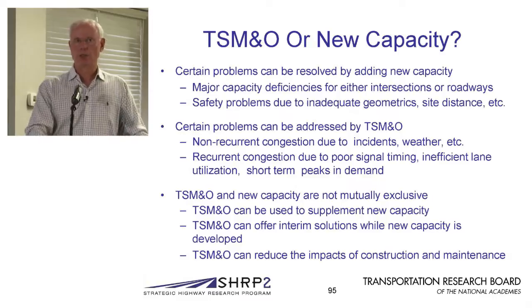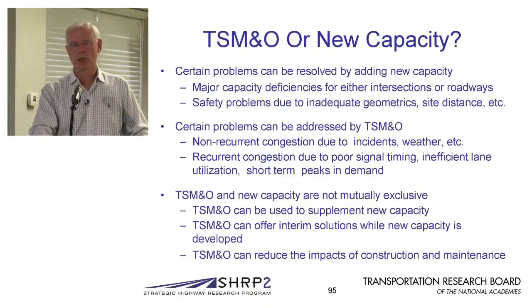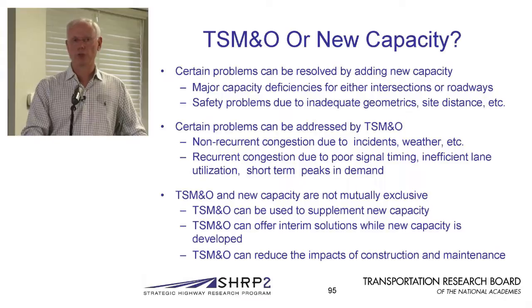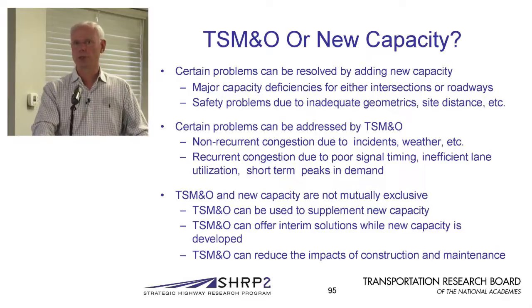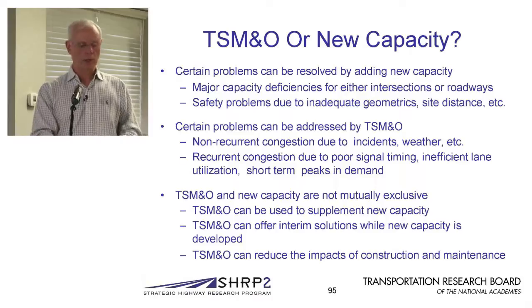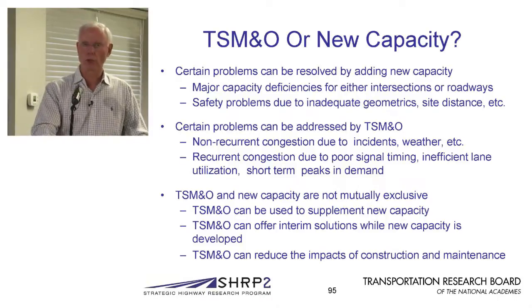The role of TSM&O is to manage whatever capacity is out there as effectively as you can. So if you need a certain amount to deal with the recurring congestion problem, you still need TSM&O to operate whatever capacity is out there in an effective way. So again, it's not or, it's both.